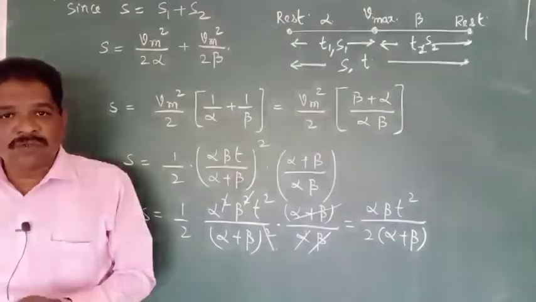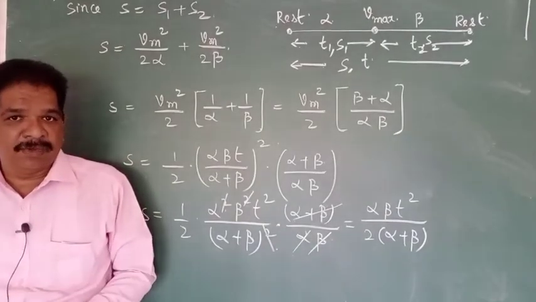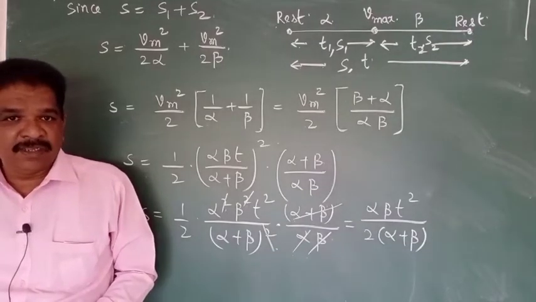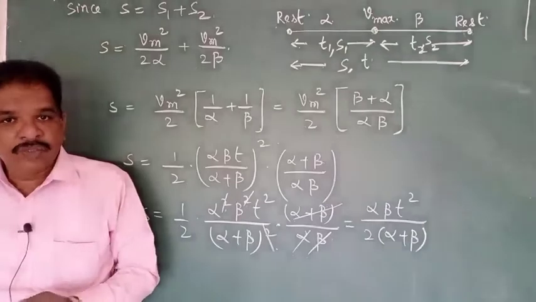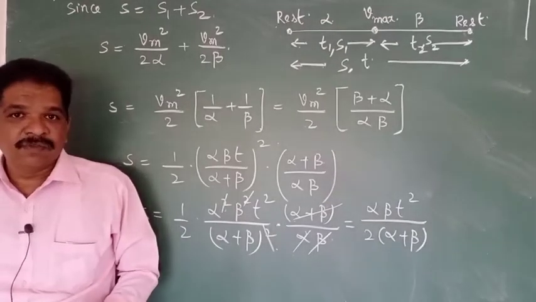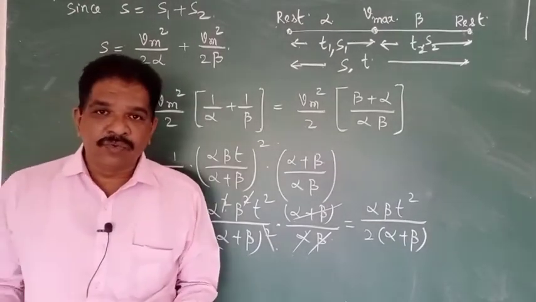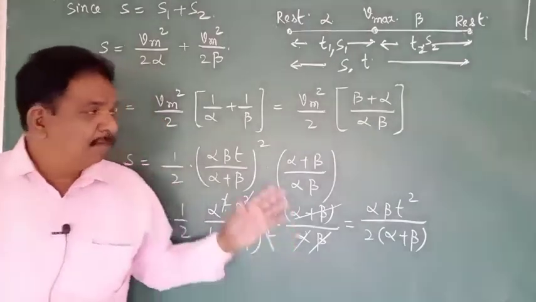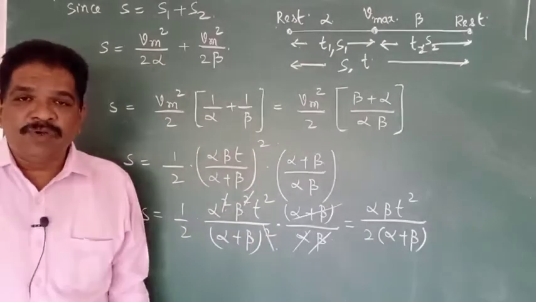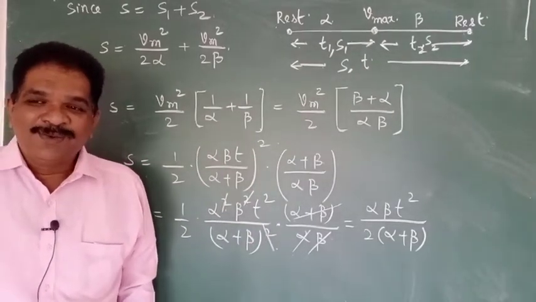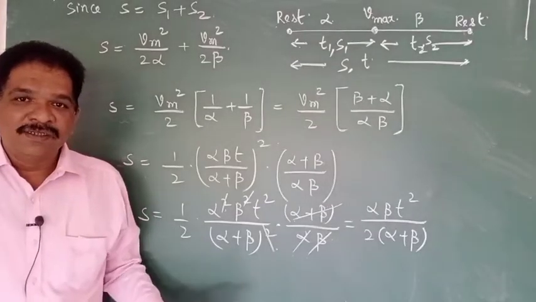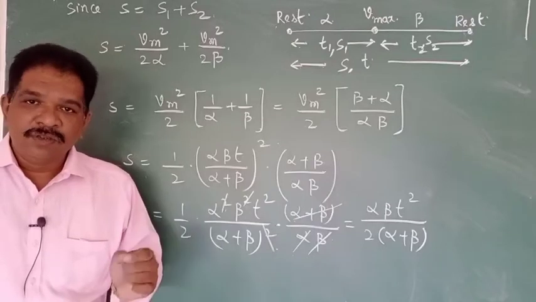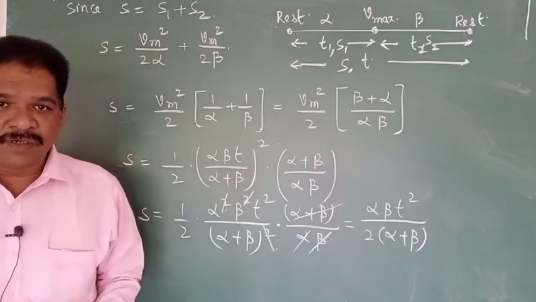A is equal to Sm minus Sn by m minus n. Second one: Sn by S is equal to 2n minus 1 by n square. V mid is equal to root of u square plus v square by 2. Number of planks to stop the bullet: capital N is equal to small n by 2 plus 1.